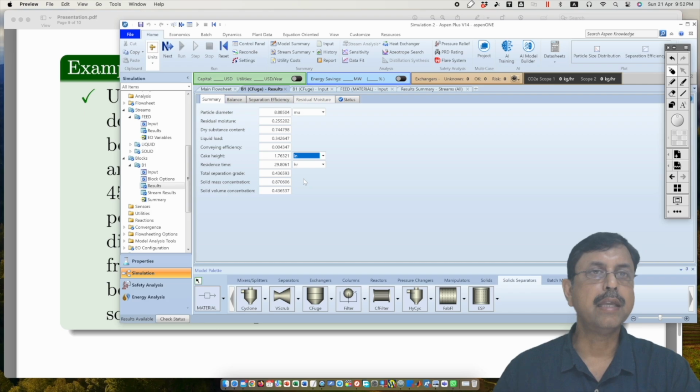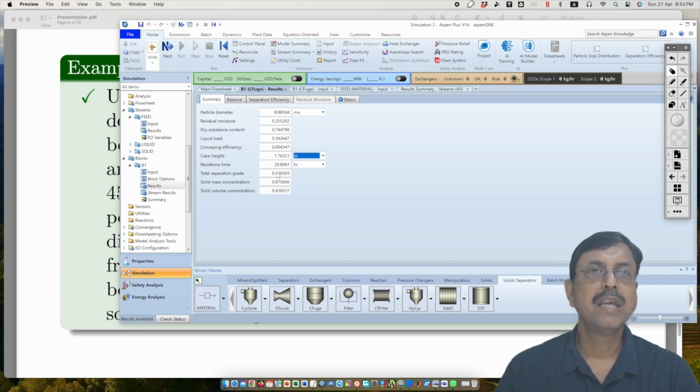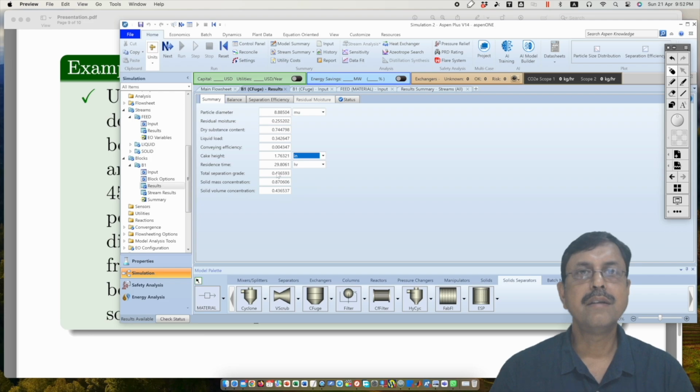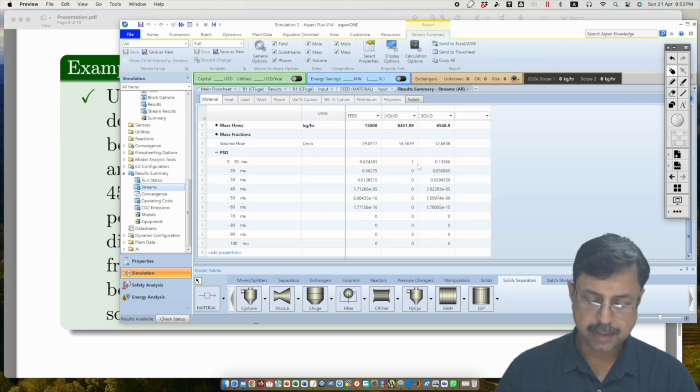It's quite high. Total separation grade is 43%, so we have reduced the separation efficiency. Obviously, if we increase the solid flow 10 times, the separation will be lowered.